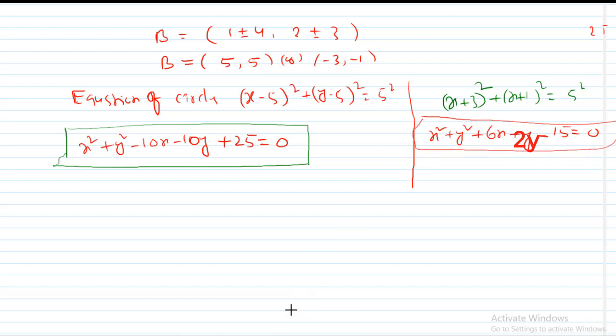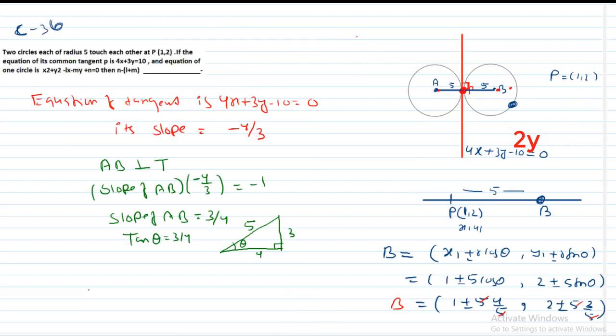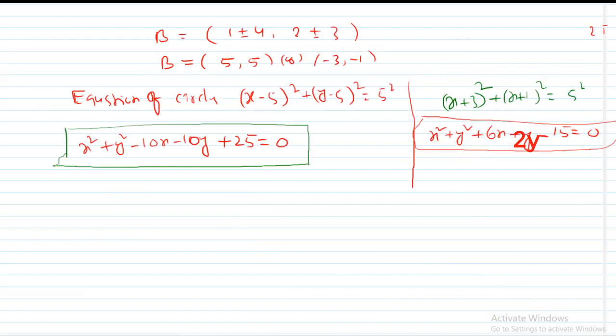Now I want to see the problem. x square plus y square minus lx minus my plus n equal to 0. The given circle equation is x square plus y square minus lx minus my plus n equal to 0.